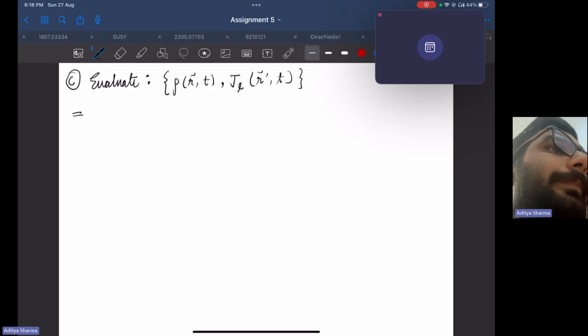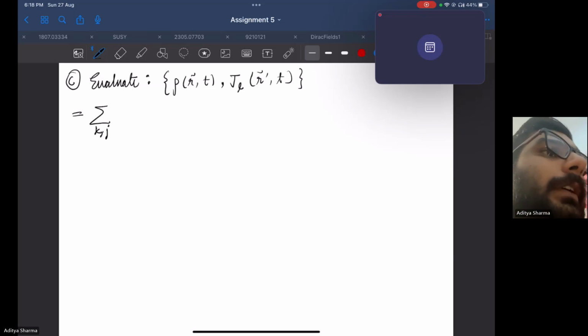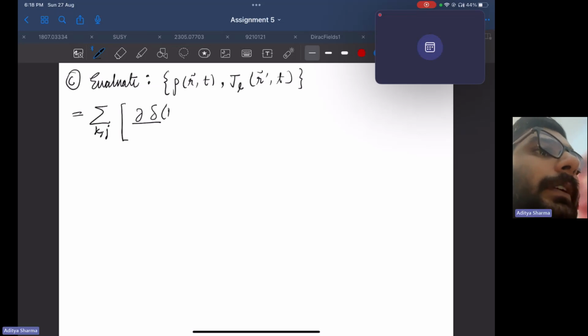There is a sum over k in this part and j from the other part, and we have the Dirac delta of r minus r_k(t) and the index j l.